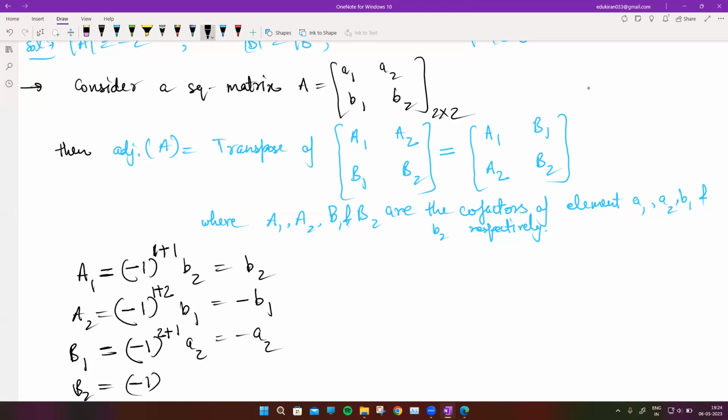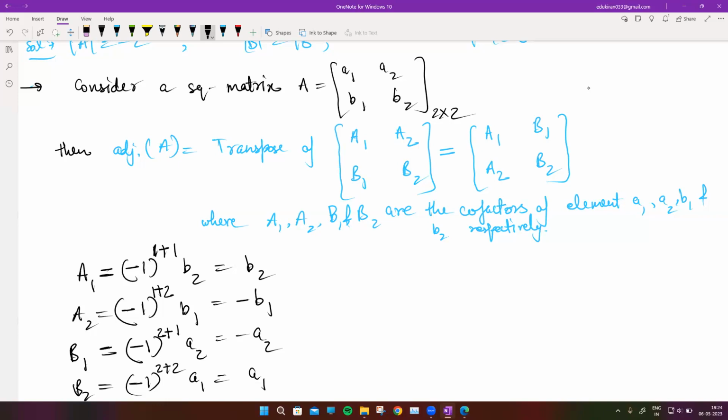So it should be 2 plus 2, correct. Second row and second column, and into, delete its row and its column, whatever element you are finding the cofactor for. You're finding capital B2, which is for small b2. A1, right? Yes. So this should be A1.